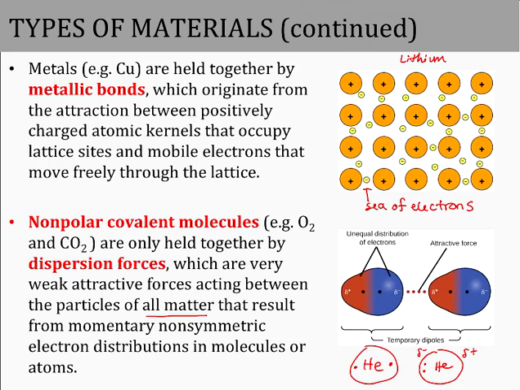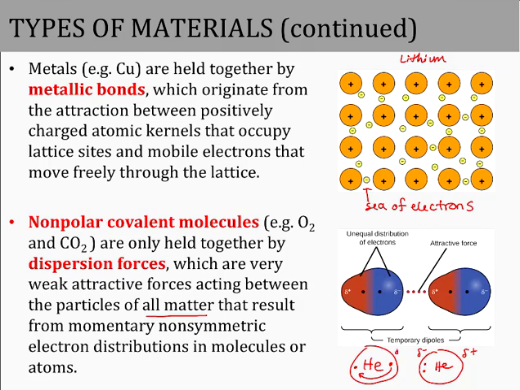Now, this is going to cause the other helium atoms nearby to also have a temporary dipole. So for instance, if we have a partial negative charge on the left-hand side of our helium atom, that's going to repel the electron in the other helium atom.